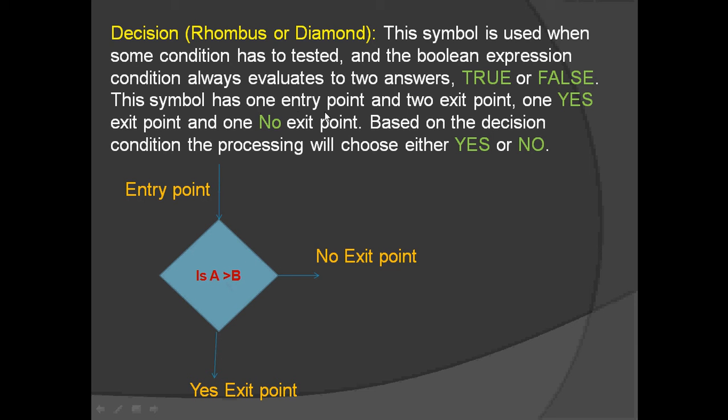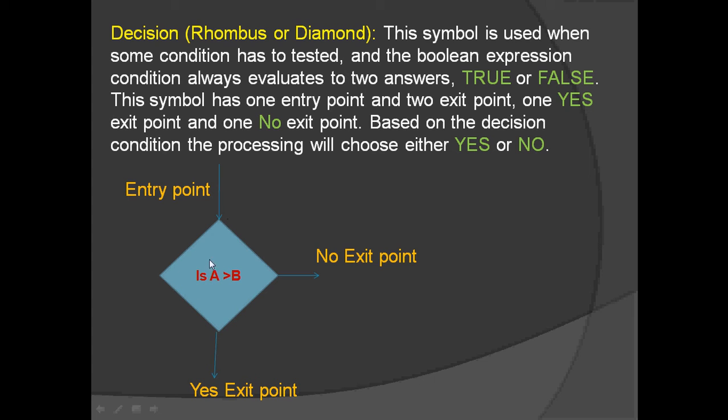This symbol has one entry point and two exit points, that is one yes exit point and one no exit point. So based on the decision condition, the processing will choose either yes or no. The entry point denotes the input value entered. So from here, the values of A and B will be entered and accepted.